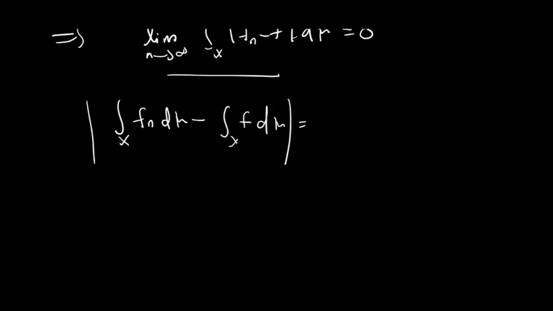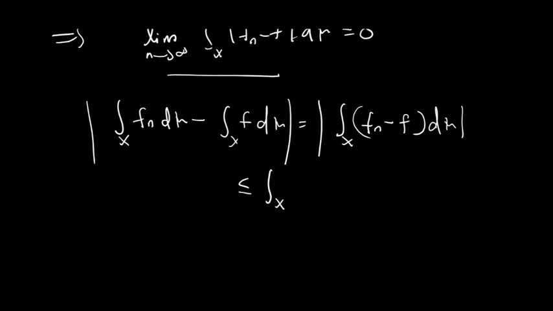Since integrals are linear, this equals the modulus of the integral over X of (f_n minus f) dμ, which is less than or equal to the integral over X of |f_n minus f| dμ.